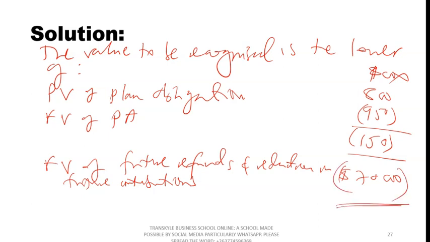So the lower of this and this. You can see that the lower is actually 70,000.